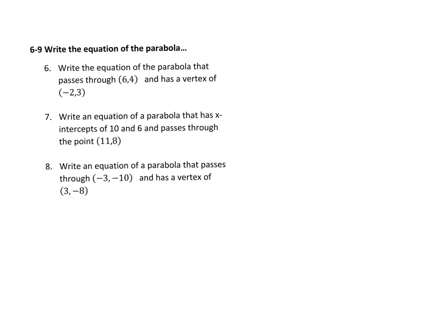Number 6, write the equation of the parabola that passes through 6, 4 and has a vertex of negative 2, 3. So vertex means vertex form. Y equals a times x minus h squared plus k. I'm going to plug in h and k. Then I'm going to plug in x and y.